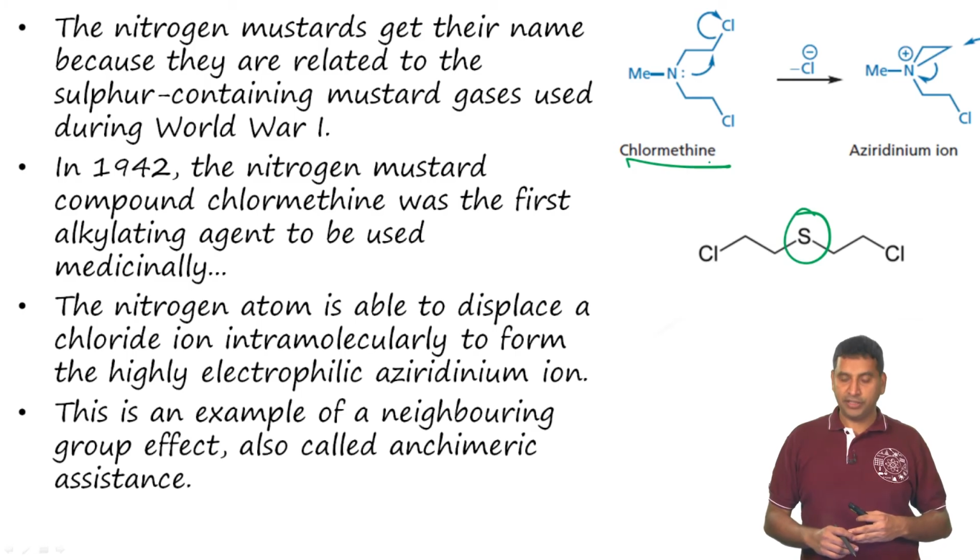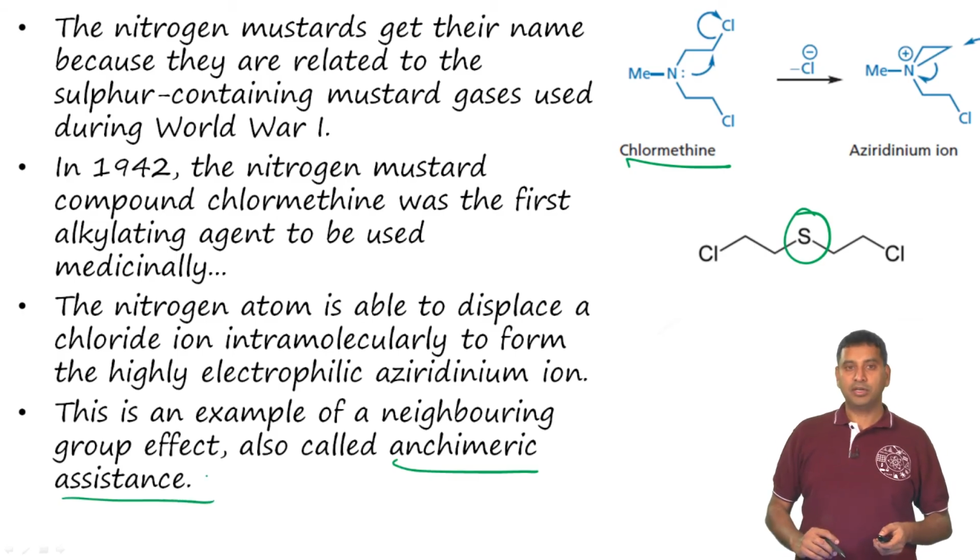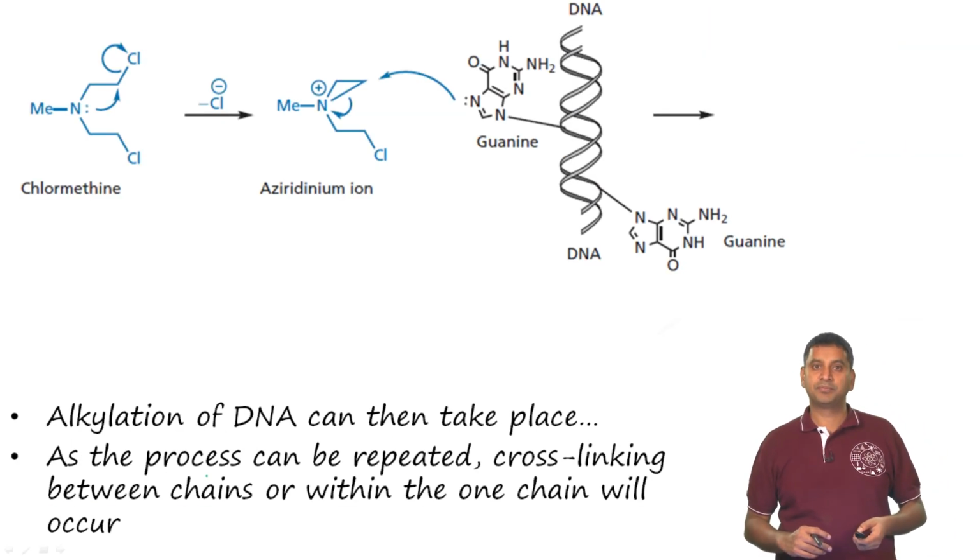As you can see, the nitrogen lone pair can do an intramolecular reaction, kick out chloride and form an aziridine type of ring. This, as we have looked at previously, is an example of anchimeric assistance or neighboring group participation.